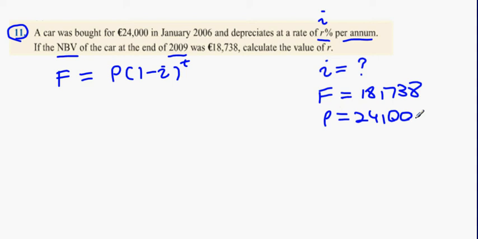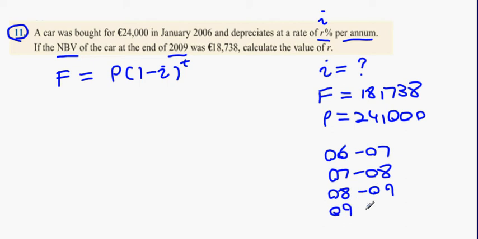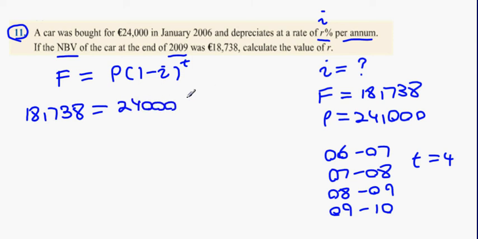Now we have to count our years. So 06 to 07 is 1 year. 07 to 08 is 2 years. 08 to 09 is 3 years. And at the end of 09 to 010 is 4 years. So T equals 4. So what we're going to get is 18,738 equals 24,000 times 1 minus I to the power of 4.